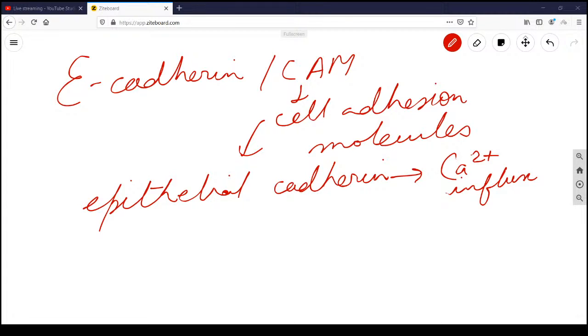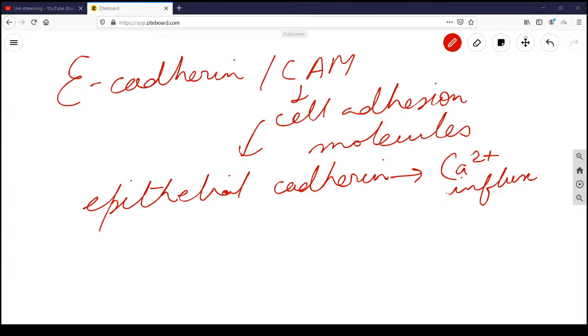Now, another factor which could lead to compaction is the contraction of the meshwork of a specialized protein known as actomyosin. What happens is there is a specific protein known as actomyosin. Now actomyosin is a very specific protein present in the blastomere stage.